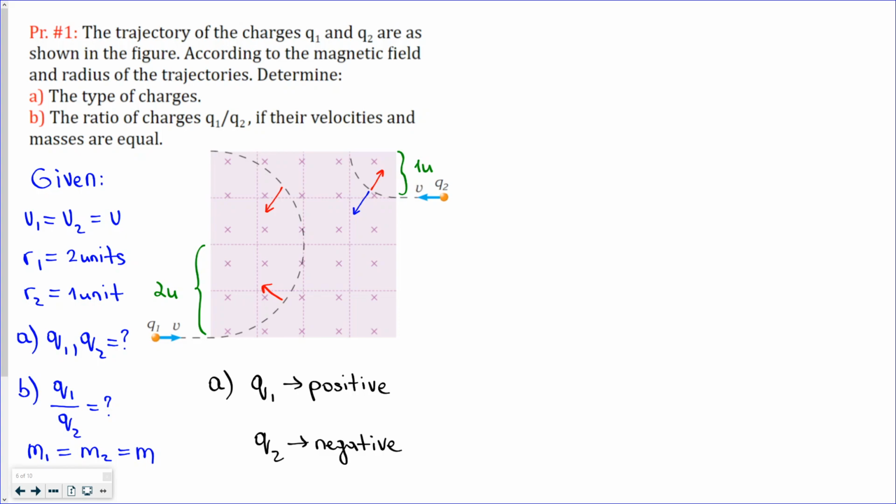Now part B. At part B, we're asked to find the ratio of the charges. So let's use the equation for the radius. It is R1 = m v over Q1 B, and we know this is equal to 2 units.